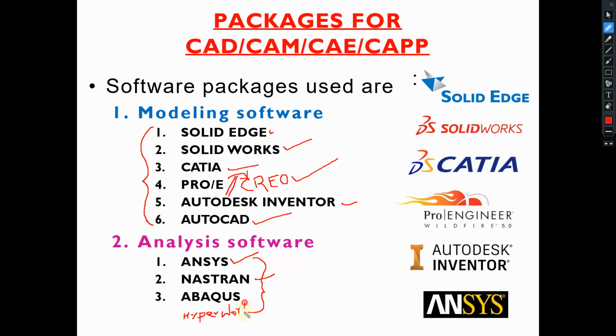So HyperWorks is actually a software package which includes a number of different softwares for different uses. And one such software under the HyperWorks package is HyperMesh. So HyperMesh is actually a software which has very good functionality of creating meshes.